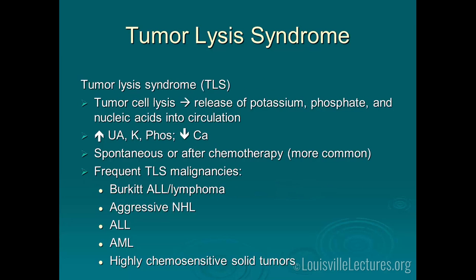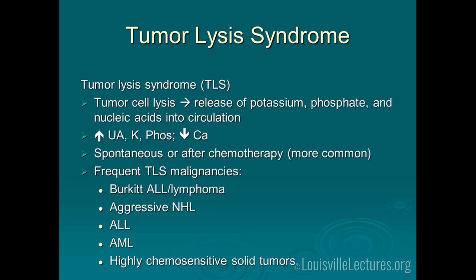So tumor lysis syndrome is one you may encounter. That happens when a rapidly growing tumor has a lot of growing and dying cells that are releasing their contents into circulation, or you give chemotherapy and you achieve a high enough response rate and a rapid enough one that most of the tumor cells die, but they all die at once. Well, what's in these tumor cells? They have a lot of DNA, and they have a lot of proteins.